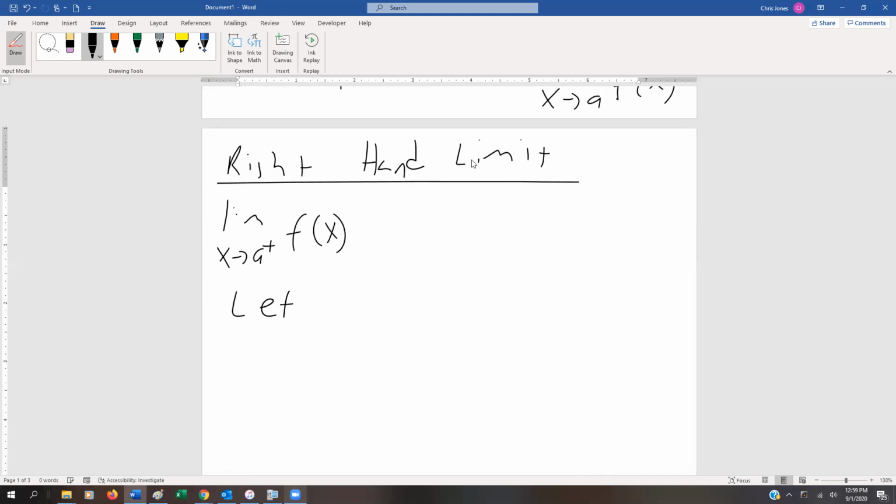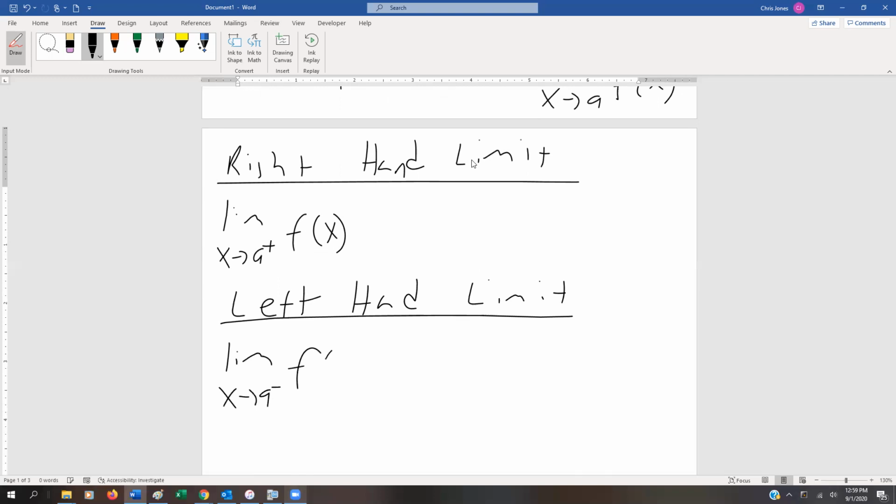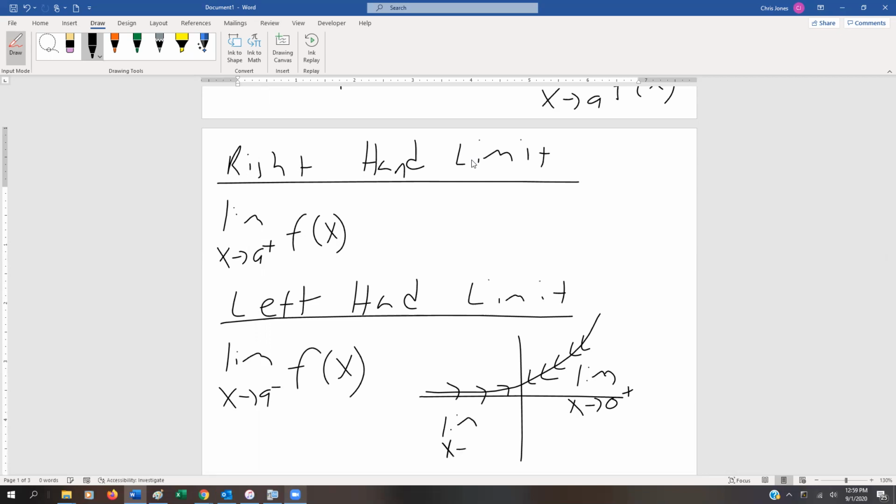Now, the left-handed limit is the lim as x approaches a from the left-hand side of the graph. When we talk about the left-hand and the right-hand limit, if we have a function that looks something like this, like we did before, this is the lim as x approaches 0 from the right side, and this is the lim as x approaches 0 from the left side of the function.